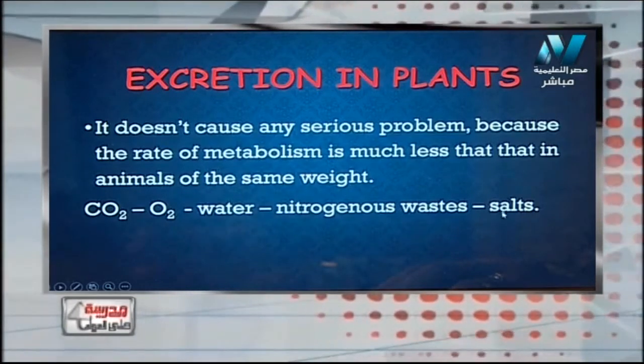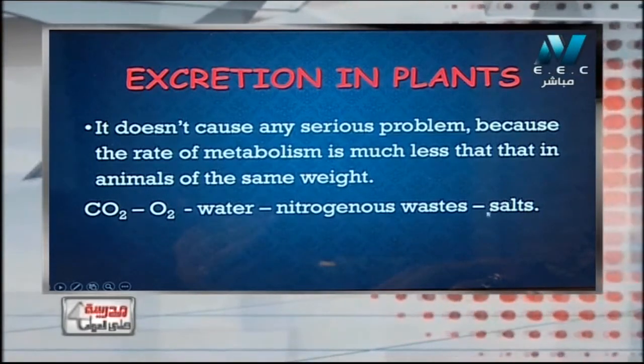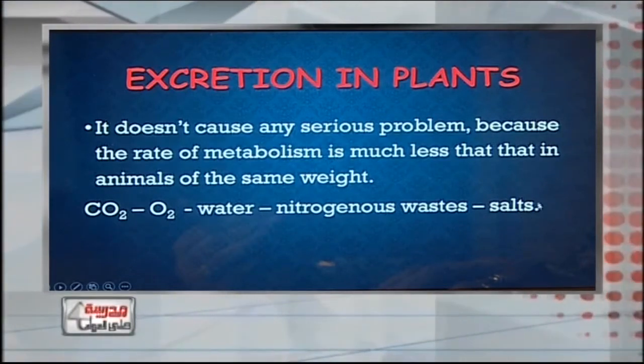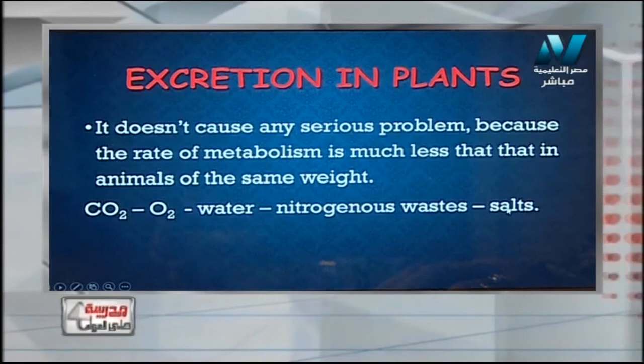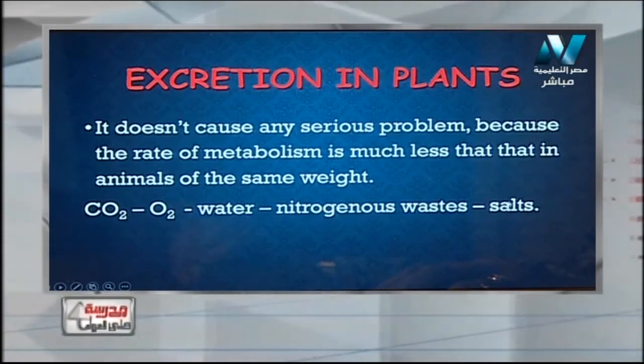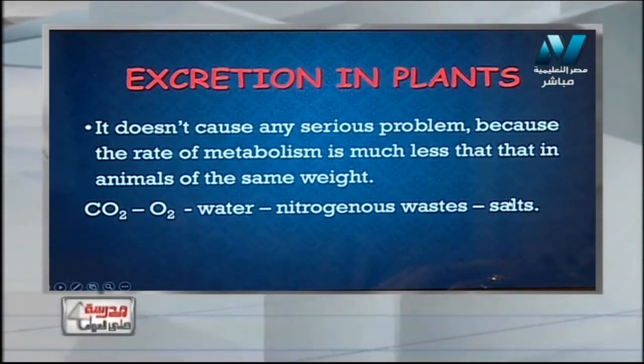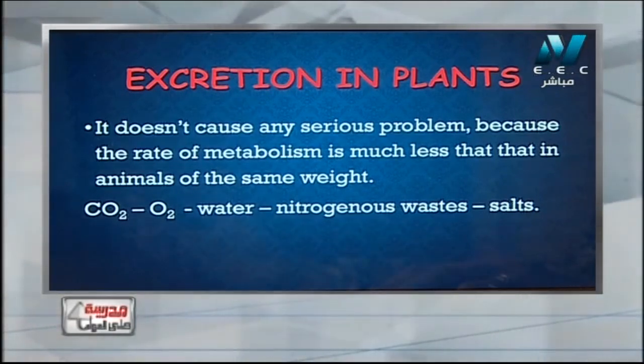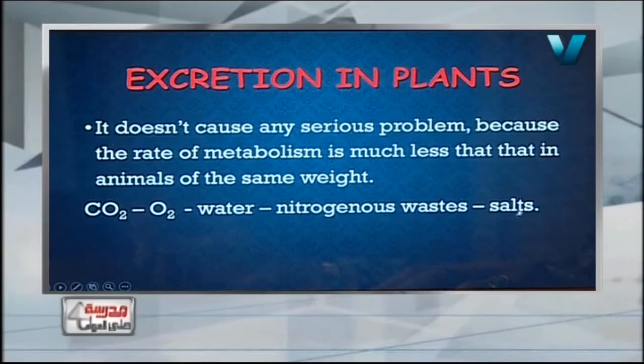This is one way. Another way, some of these salts can accumulate in the leaves of the plant, and during fall the plant sheds its leaves. So this is another way to get rid of the excess salts.